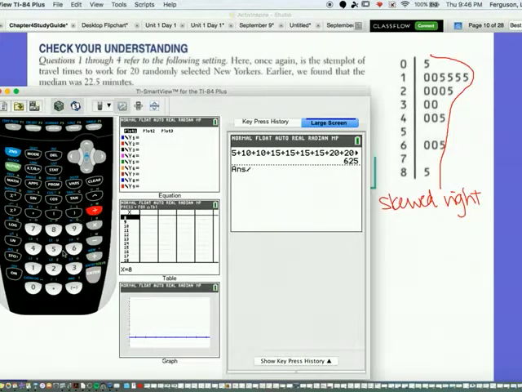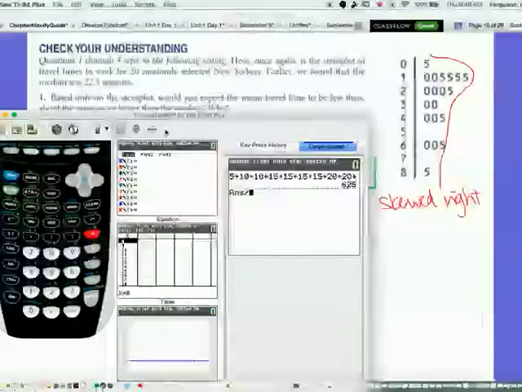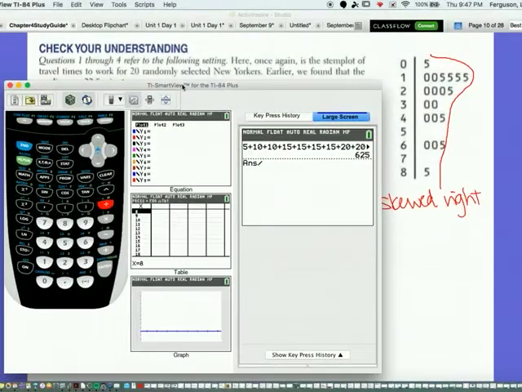And then you're going to divide that by how many that you actually have, which is 20 randomly selected New Yorkers. So whenever you do that, you get that the mean is approximately 31.25.